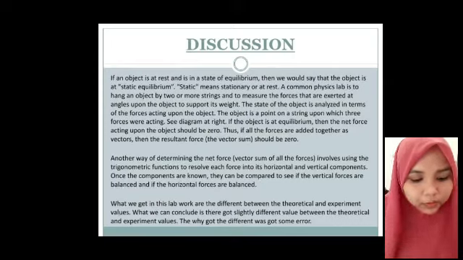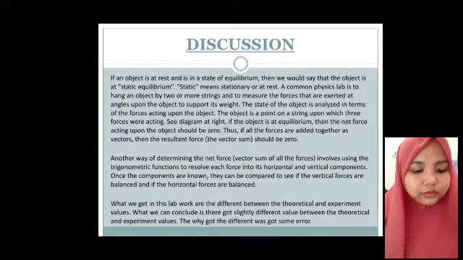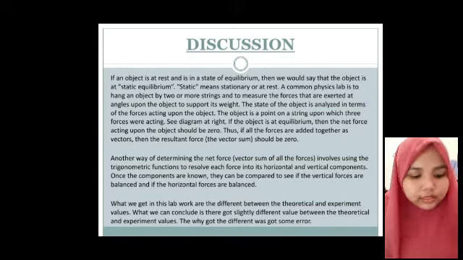The object is a point on a string upon which three forces are acting. See the diagram at right. If the object is at equilibrium, then the net force acting upon the object should be zero. Thus, if all the forces are added together as vectors, then the resultant force, the vector sum, should be zero.